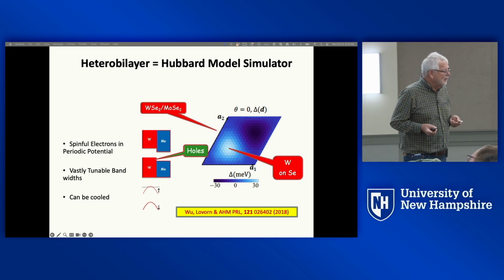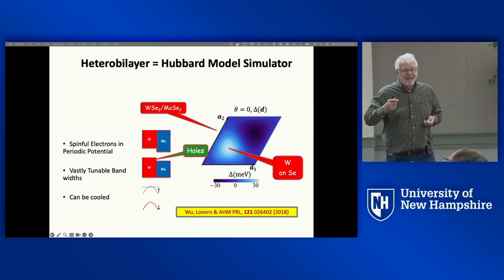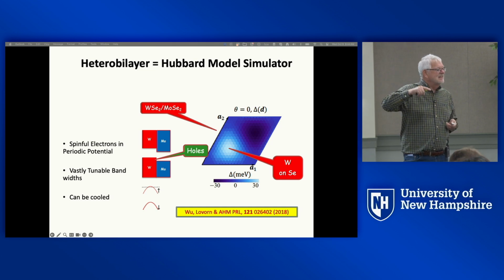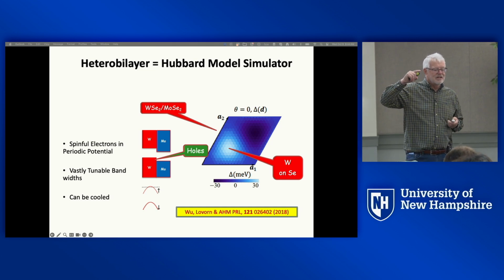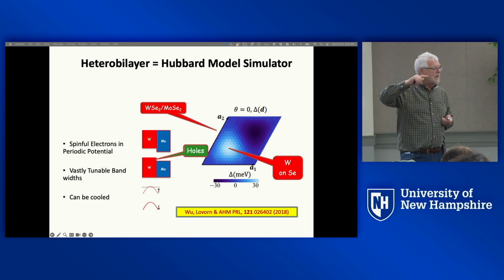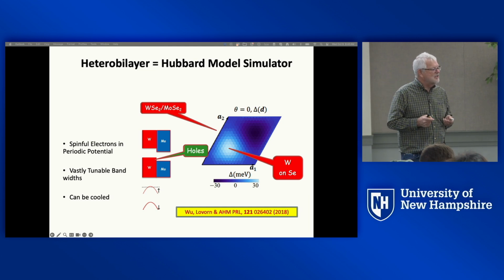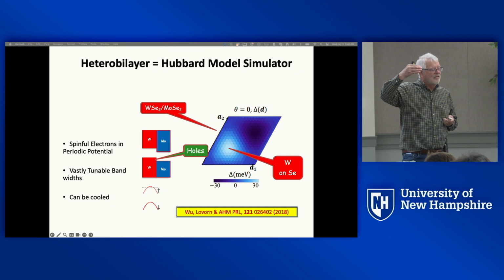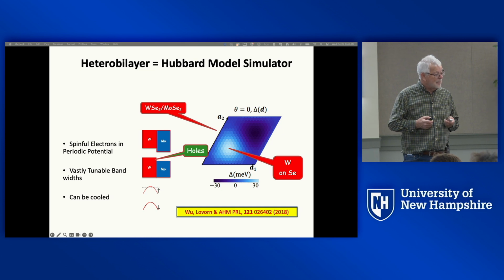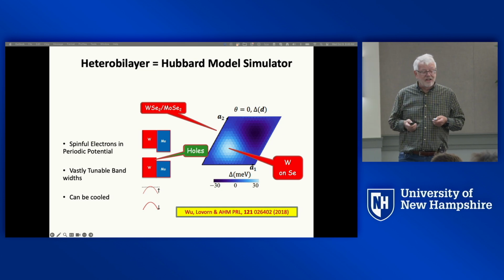Heterobilayers are very simple. As I showed you before, in this moire world, we have different effective Hamiltonians for different valleys in general. For the K valleys, the two valleys are related by time reversal, so the two Hamiltonians are time reversed counterparts of each other.